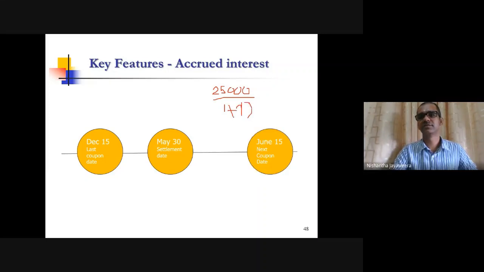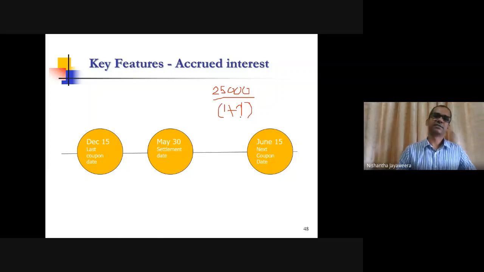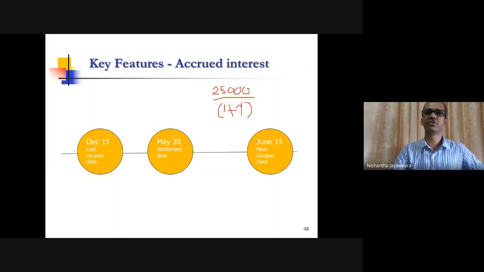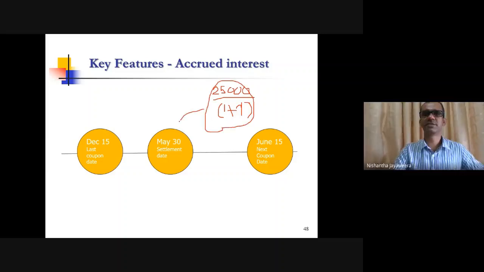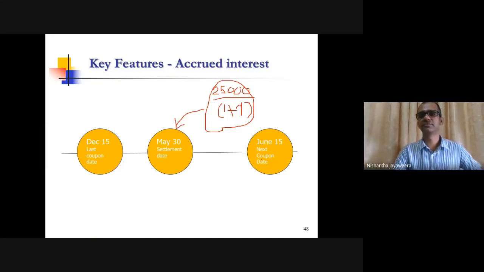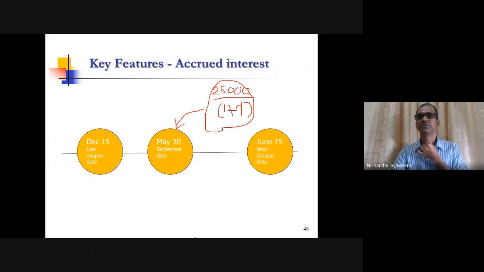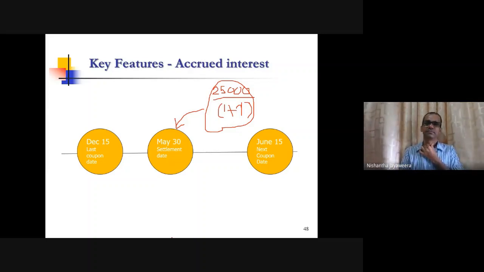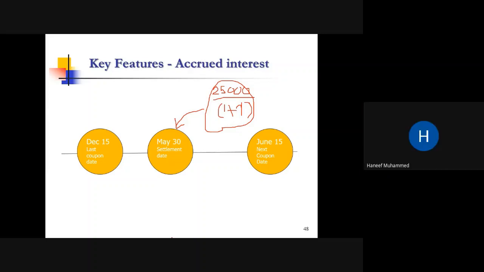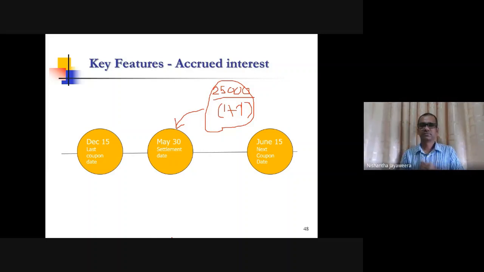Whatever the rate. Can we do that? Is it the present value of this 25,000, which is going to be received on June 15th? You have to go for the number of days.